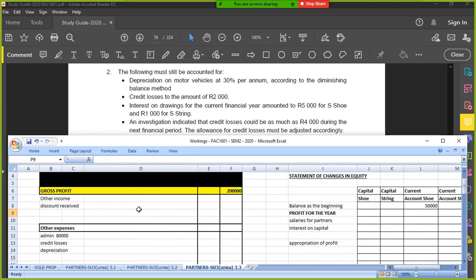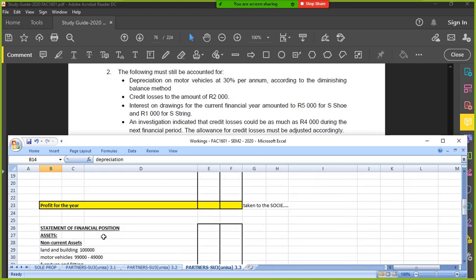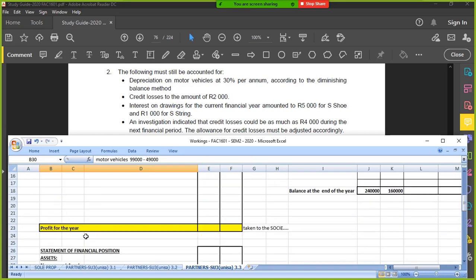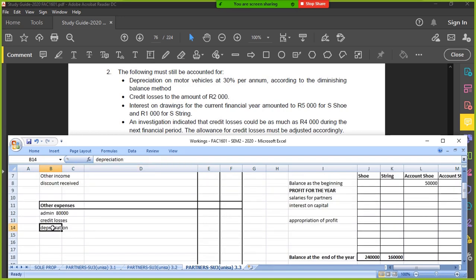Okay, so depreciation on motor vehicles at 30% per annum according to diminishing balance. Okay, for vehicles. So that times 30%. Good. Disclosed where? Here, hey?